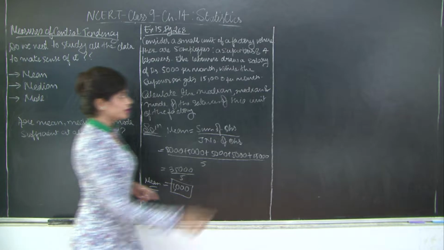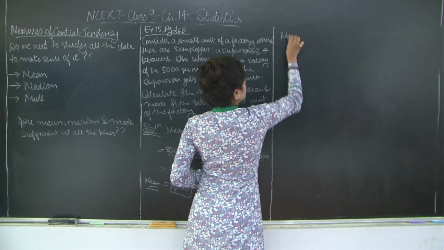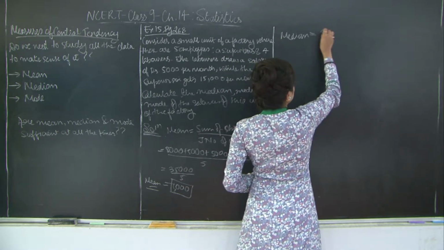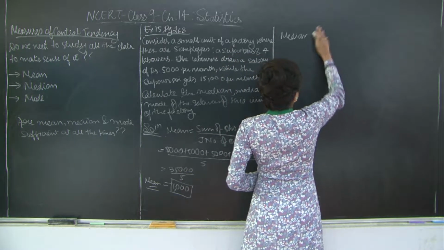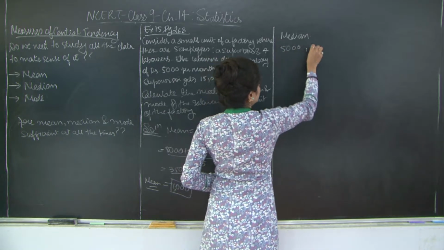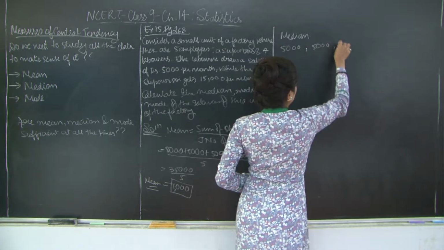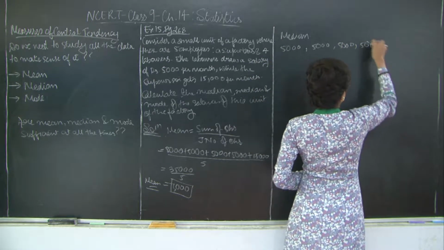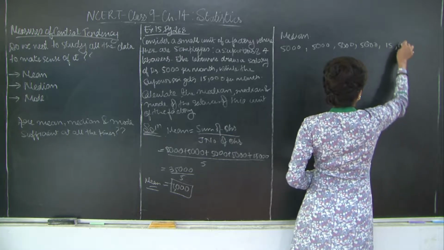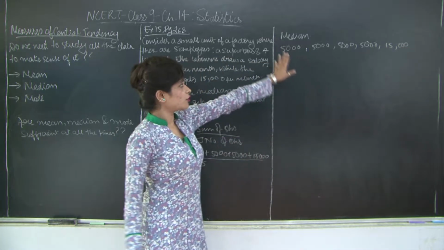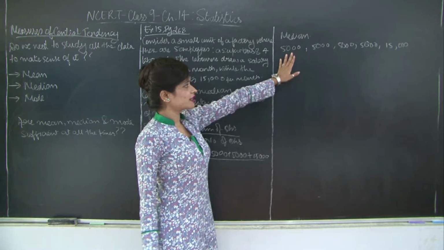Let's find out the median first. For the median, we have how many workers? We have 5 workers, so the observations are 5,000, 5,000, 5,000, 5,000 and 15,000. Right? Now all the salaries are arranged in ascending order.